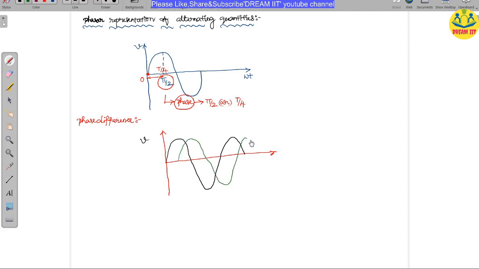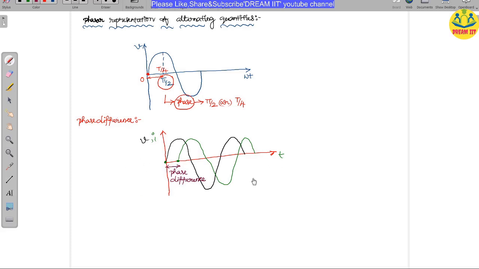With respect to time, if you observe the zero positions of the voltage waveform and current waveform, they are showing some difference here. This difference is known as the phase difference.